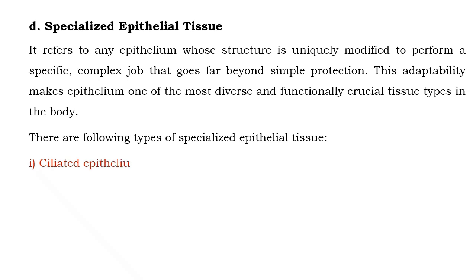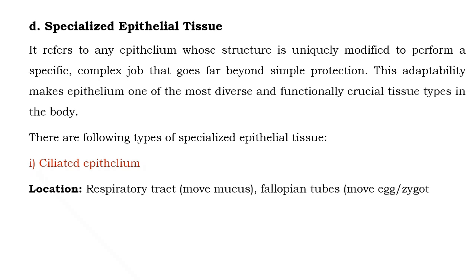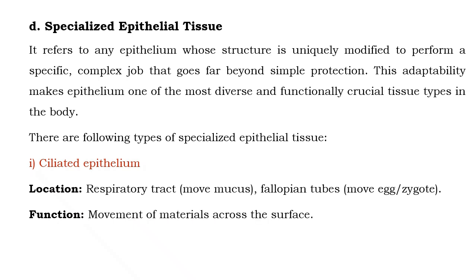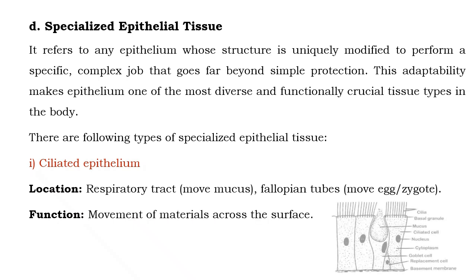Ciliated epithelium. Location: respiratory tracts, moves mucus; fallopian tubes, moves eggs or zygote. Functions: movement of material across the surface. Sensory epithelium.